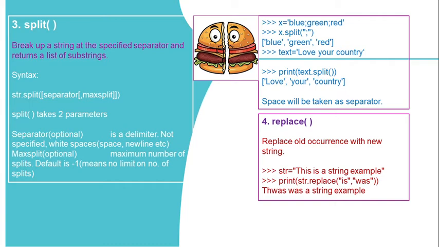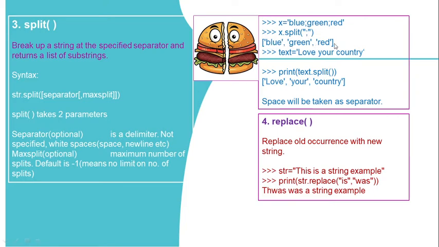Then let us have some examples. x equal to blue colon green colon red. Then we apply it the same way we called capitalize, x.split. Then we have the parameter, colon, right. We have the separator colon to separate blue and green, green and red. So we use the separator colon, then this will be the result.